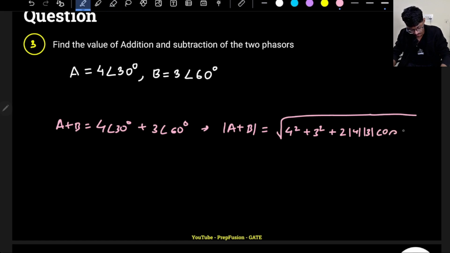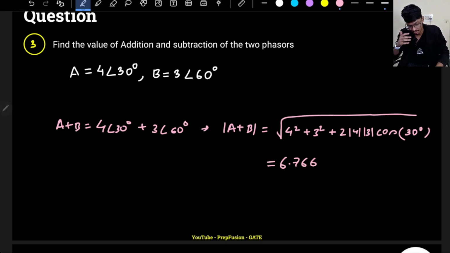Theta is simply 30. If I calculate with this method, you will not be able to calculate the angle, but you will be able to calculate the magnitude. Cos 30 is root 3 by 2, multiplied by 2 into 4 into 3, plus 9 plus 16, so the square root of about 45, which will be 6.766. So the magnitude should come out to be 6.766.